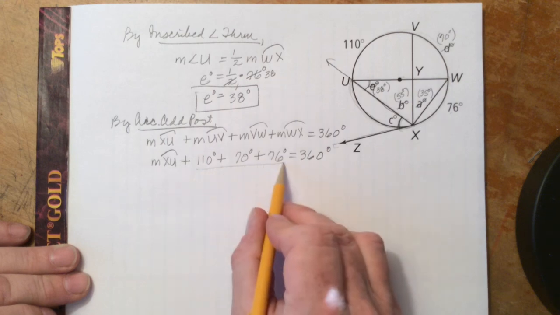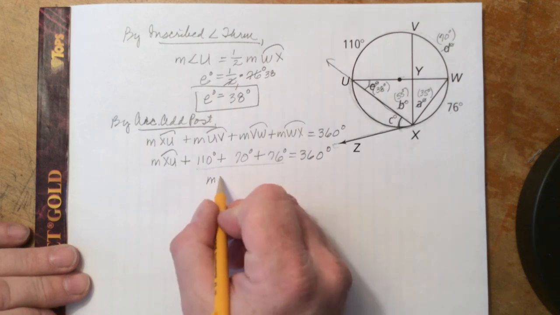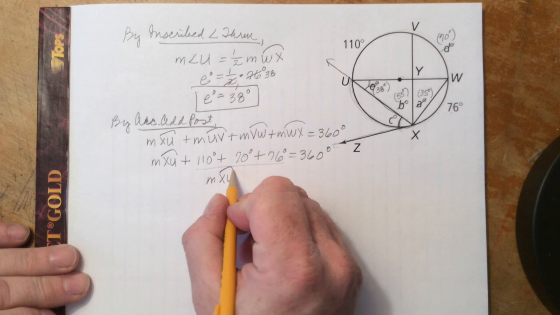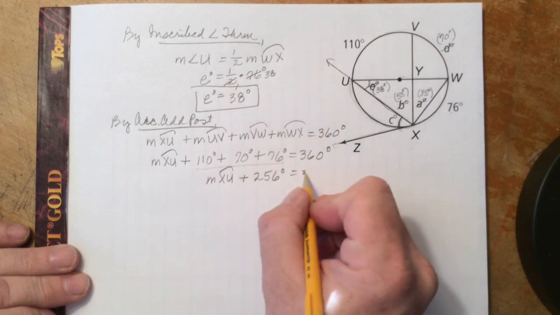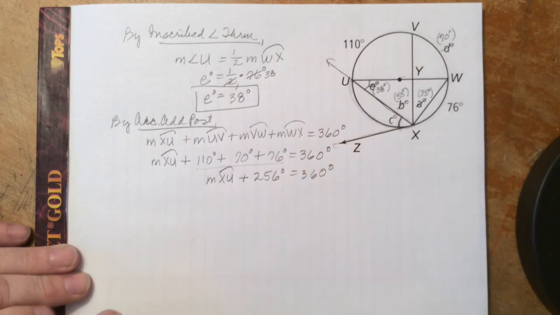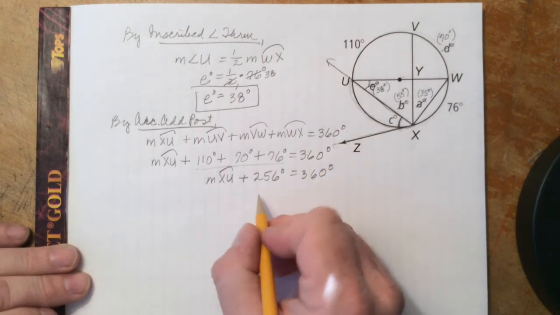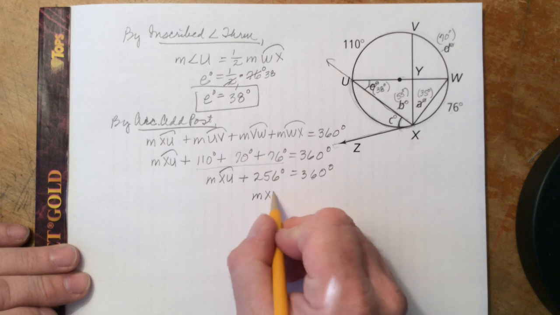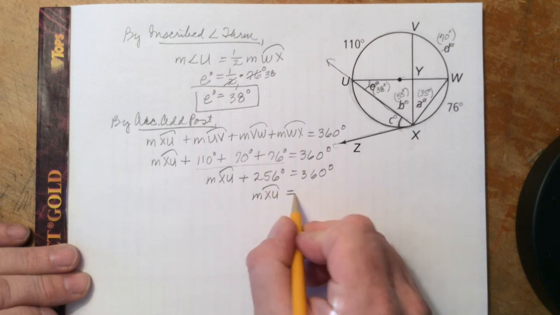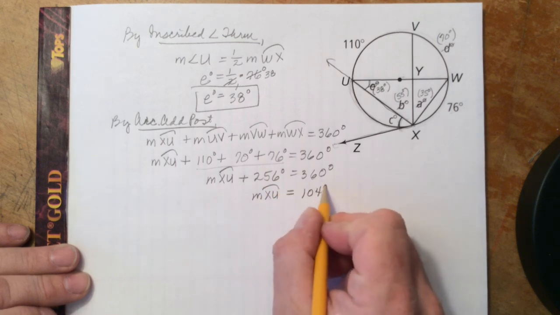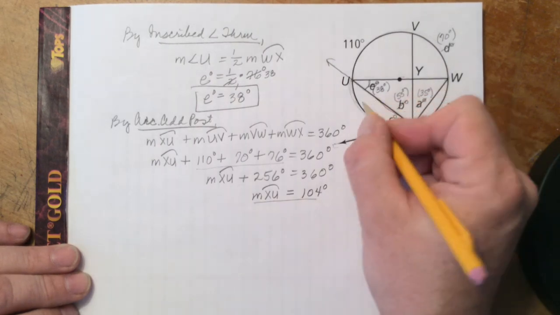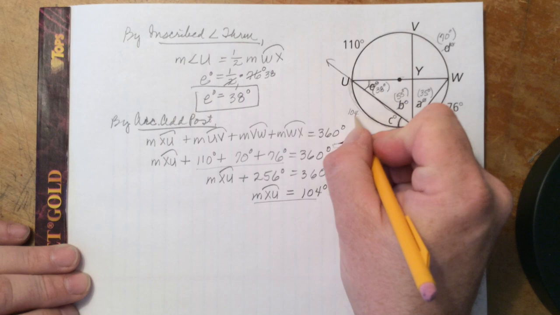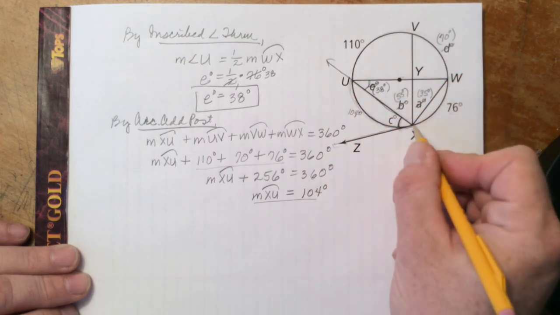We combine these like terms, and we get the measure of arc XU plus 256 degrees equals 360 degrees. Subtracting 256 degrees from both sides, we get the measure of arc XU is equal to 104 degrees. So even though this isn't one of our answers, we're going to use it. This is 104 degrees right here.